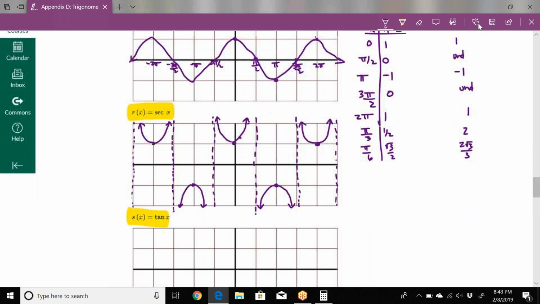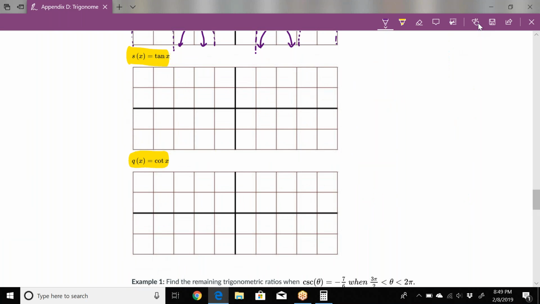Okay, so for tangent and cotangent, those are slightly different because they come from the ratios of the unit circle, y over x for tangent. So let's just briefly draw this out so we can get a couple of our ordered pairs. This is 1, 0, and at 30 degrees, our ordered pair is square root of 3 over 2 and 1/2.